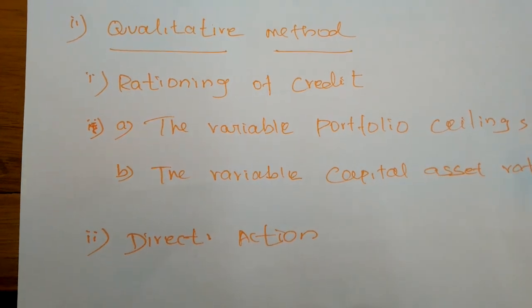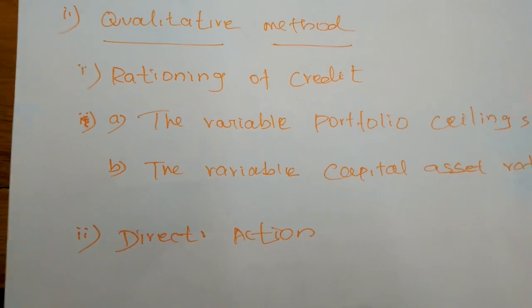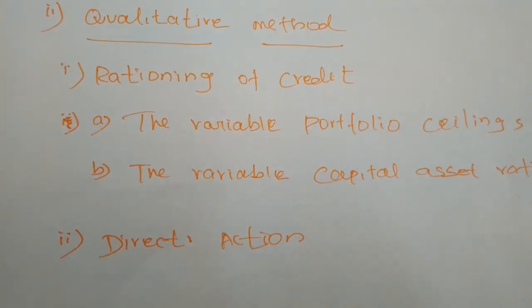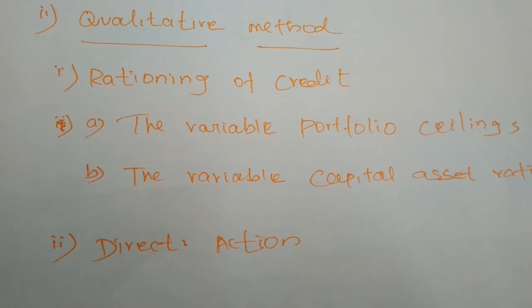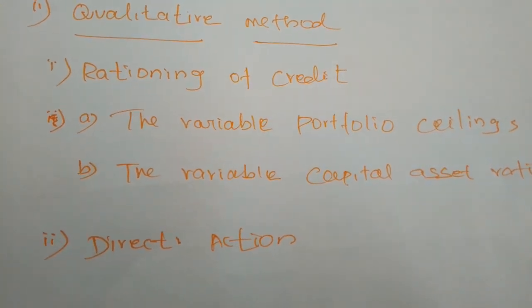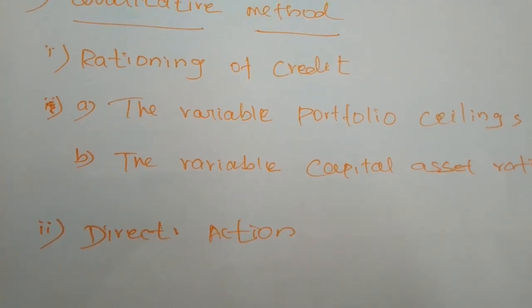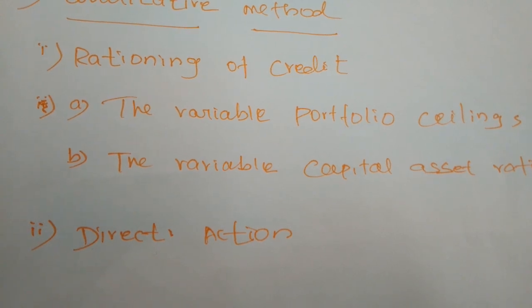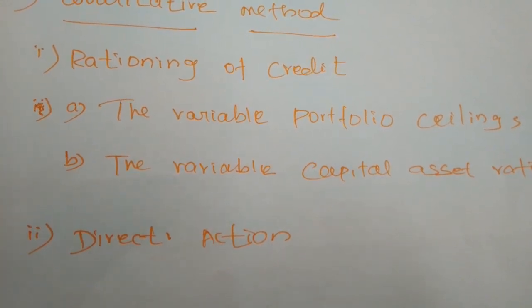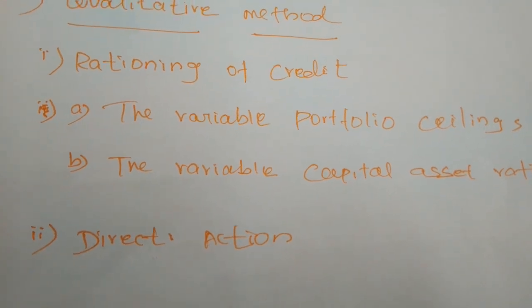It aims to control and regulate the purposes for which credit is granted by commercial banks. Only important or highly demanded industries, and industries having matured or reasonable securities, will get the credit facilities.